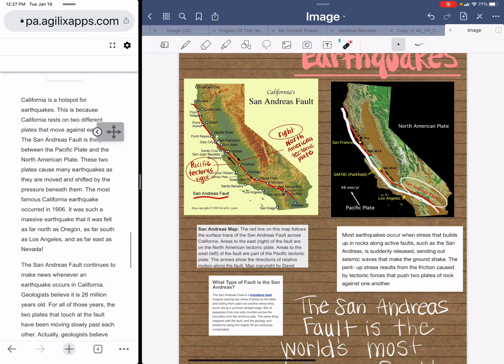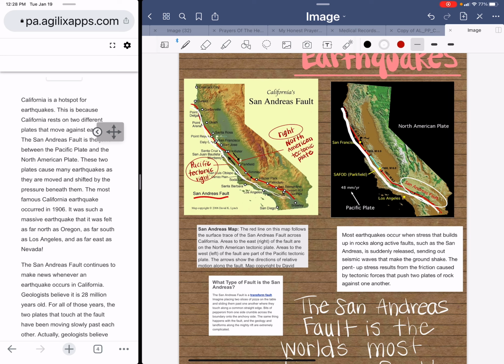All right, so you see what happens here, the San Andreas Fault. We have this line right here that's running all the way, and let me make it a different color so you can see it better. The line, I'm making it a white line now, that's running all along the westernmost part of California. I just made it again with my white line. That is the San Andreas Fault, okay? And this is what happens.